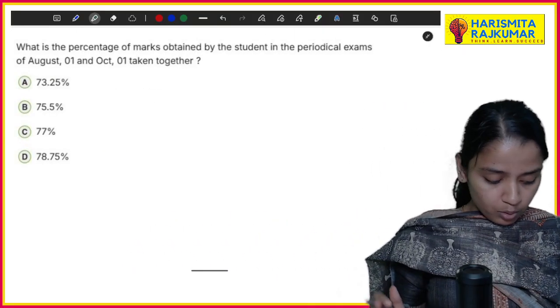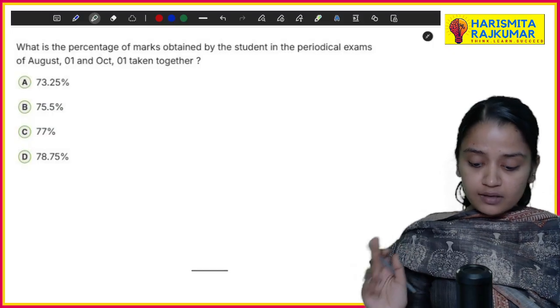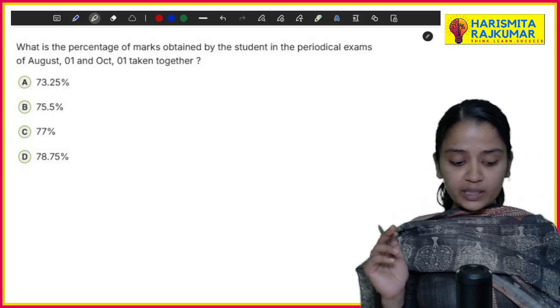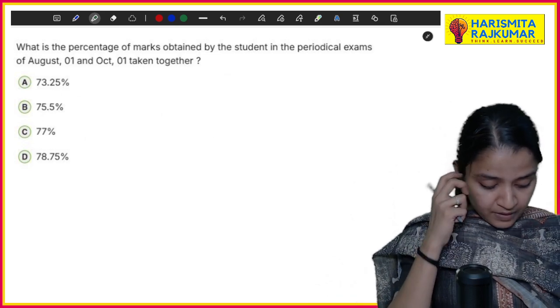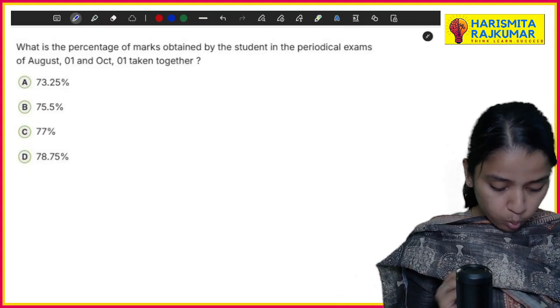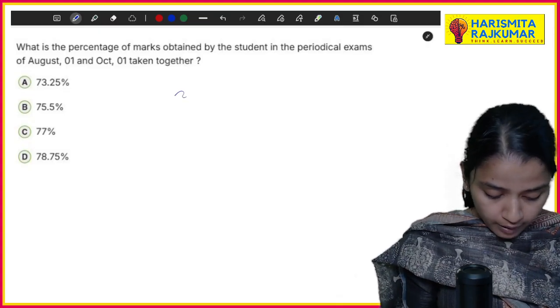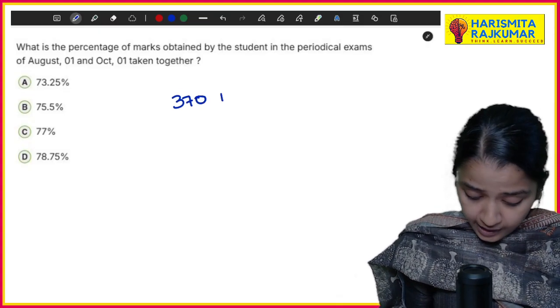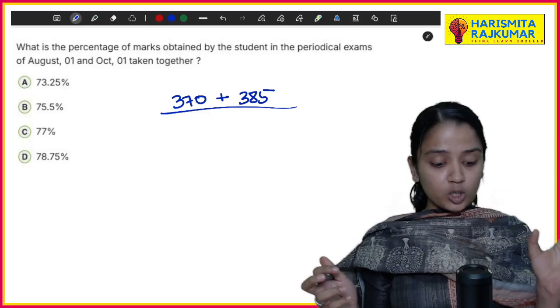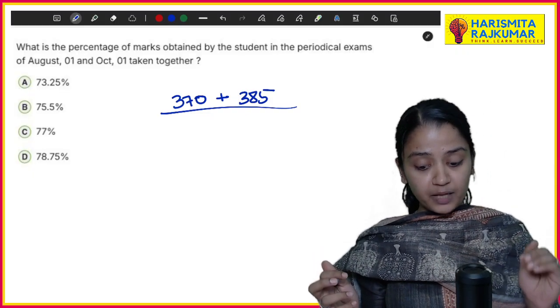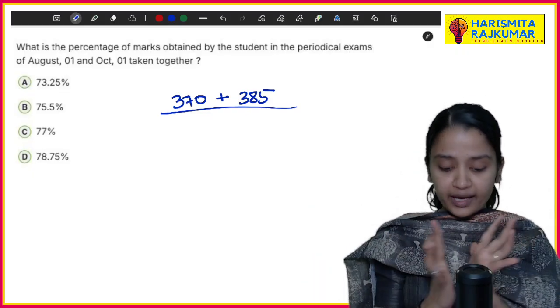Okay. Now, what is the percentage of marks scored by a student in the periodical exams on August 1 and October 1? For August 1 it is 370 and October 1 it is 385. So what is the percentage of marks obtained by the student in both together?